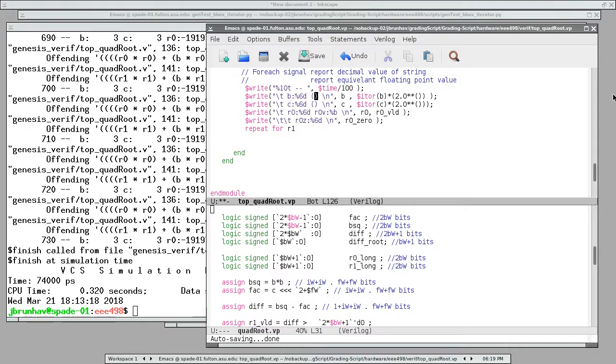Verilog display real. For real numbers. Looks like it's the same as C. We use F.